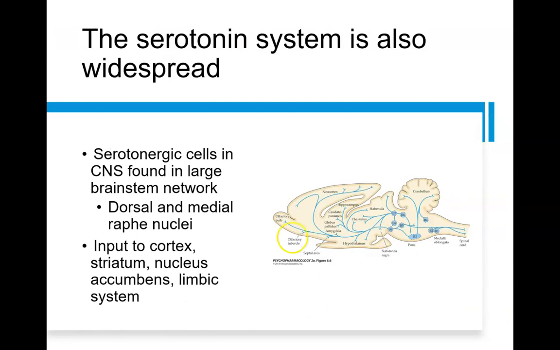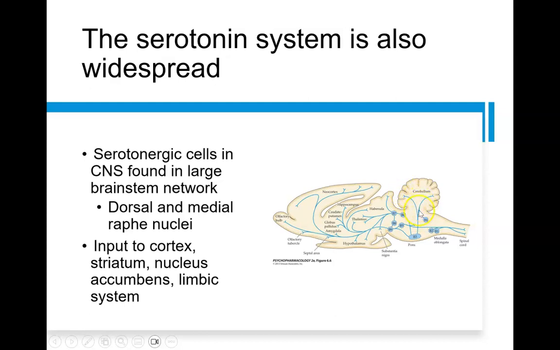Now, the serotonin system, or the serotonergic system, is also going to be very widespread, as you can see here in the rat. The serotonergic cells in the central nervous system are found in a large network in the brainstem, particularly in the dorsal and the medial raphe nuclei in the pons. And as you can see, we have a lot of different inputs here.